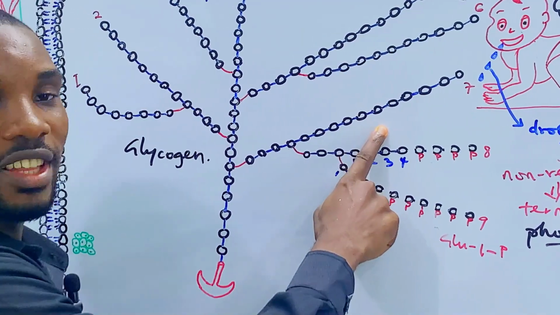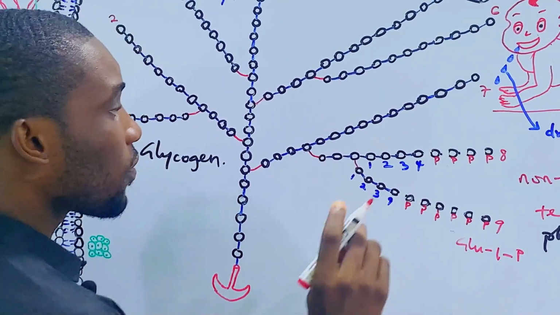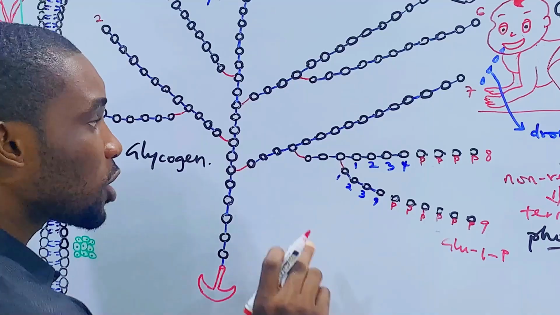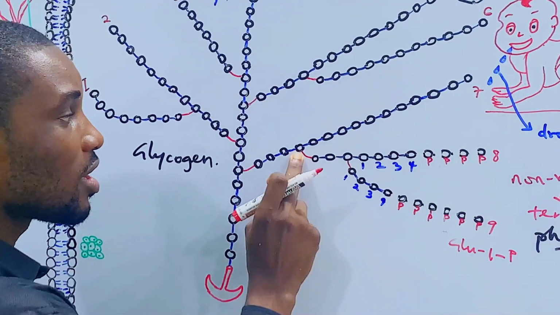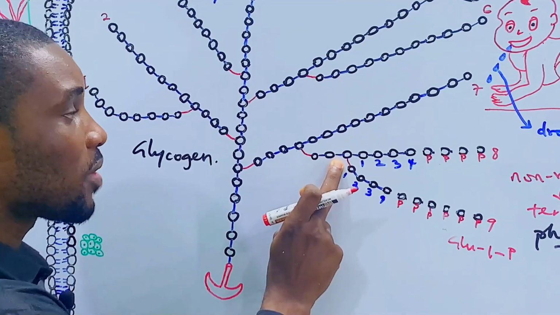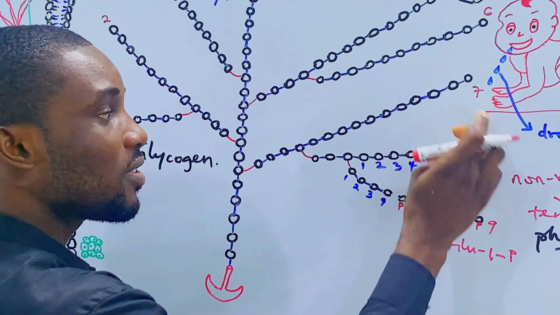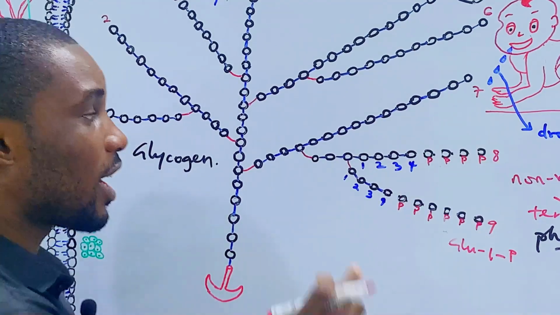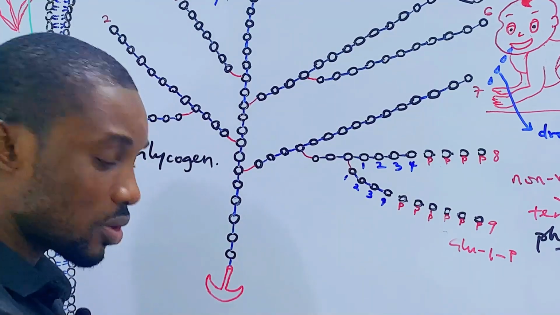He goes over to the next chain, that's chain 7, right? So for chain 7, we will count from the branch point. Here is the branch point for chain 7, not here, over here, because this was another chain. Now this is another chain linking to chain 7, and chain 7 and chain 8 are linked together, and this is their branch point. So from here, we would count how many glucose molecules? 4.